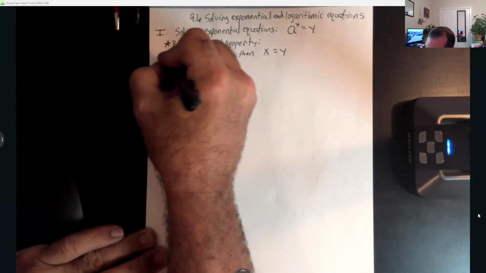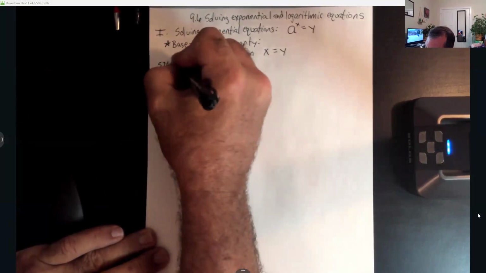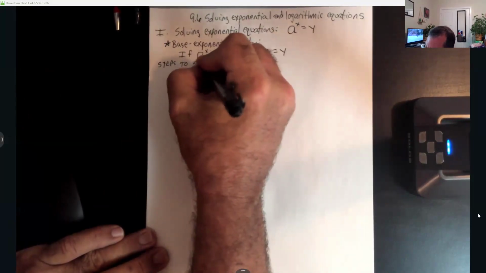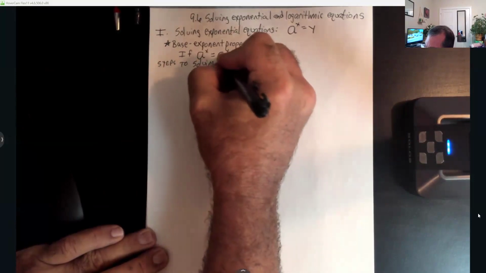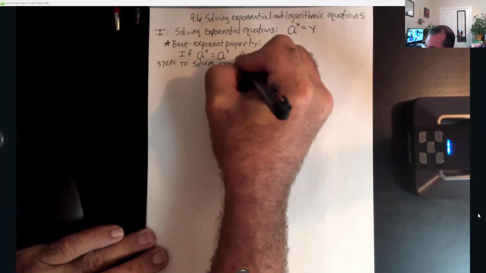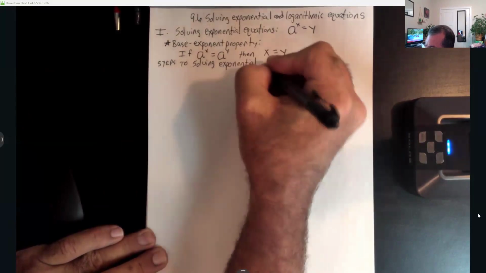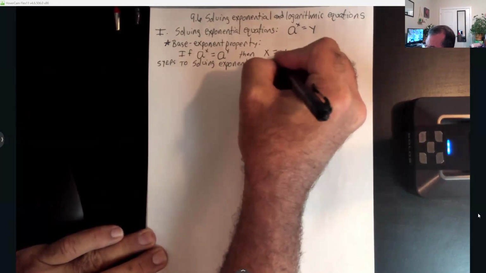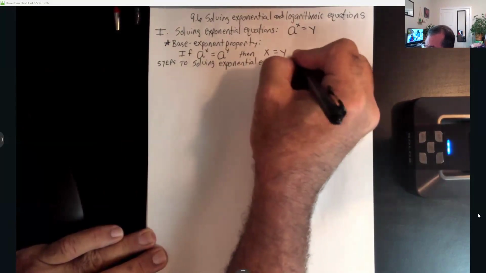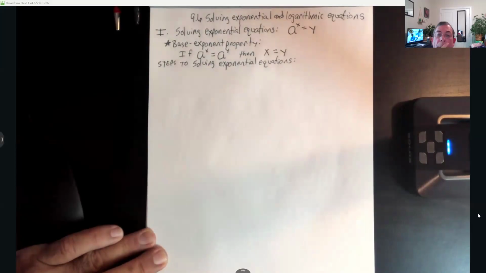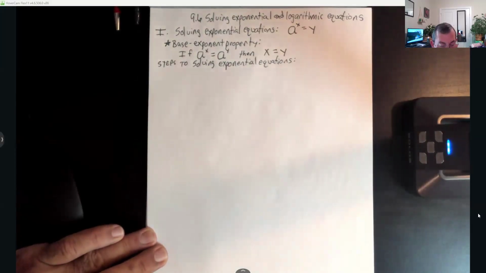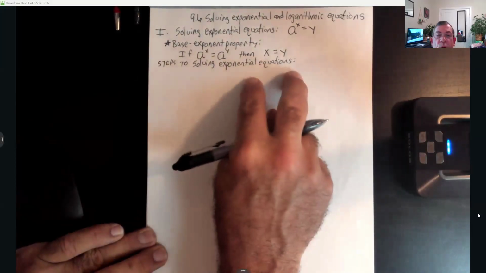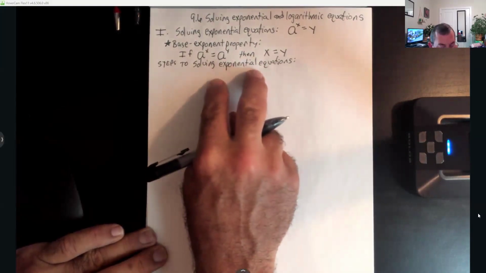So y'all let me write the steps to solving exponential equations. All righty. So there's two cases that can happen when you first start on these.